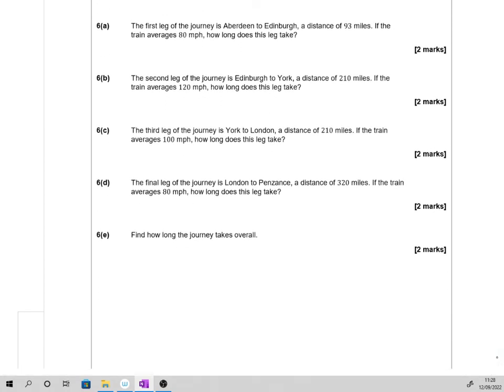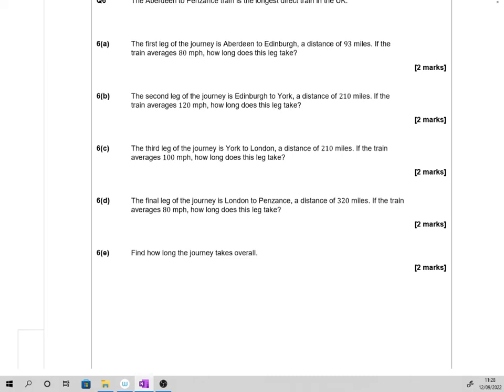Right. Oh, hang on, gone too far. Right, again, let's have a look at this. Aberdeen to Penzance train is the longest direct train in the UK. The first leg of the journey is Aberdeen to Edinburgh, a distance of 93 miles.